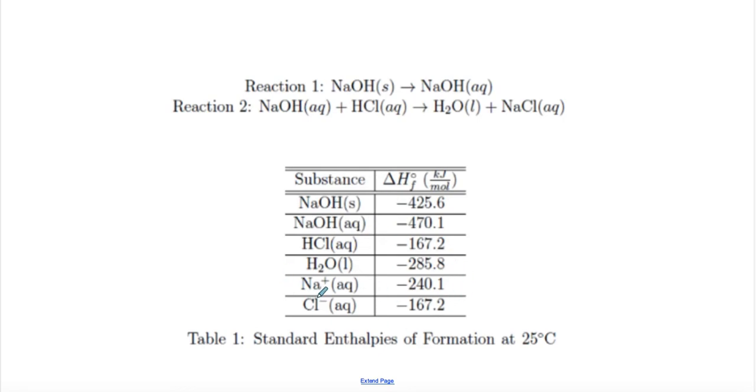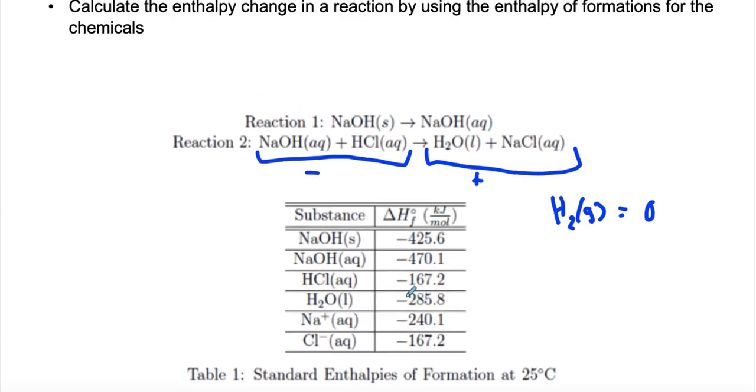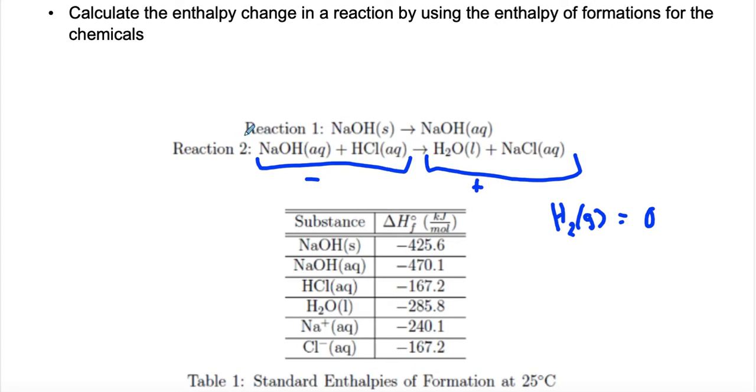If it is the pure substance, so like say it's in its natural form, if it was H2 gas, that's just a pure element in its standard state, its enthalpy equals 0. So you got to remember that. You may not see that in these things. So to figure out the enthalpy of the reaction, you have to calculate the enthalpies of the products, these are the positives, and then minus the enthalpy of the reactants to calculate the overall enthalpy of this. So you could say, what is the overall enthalpy of these two combinations of reactants?